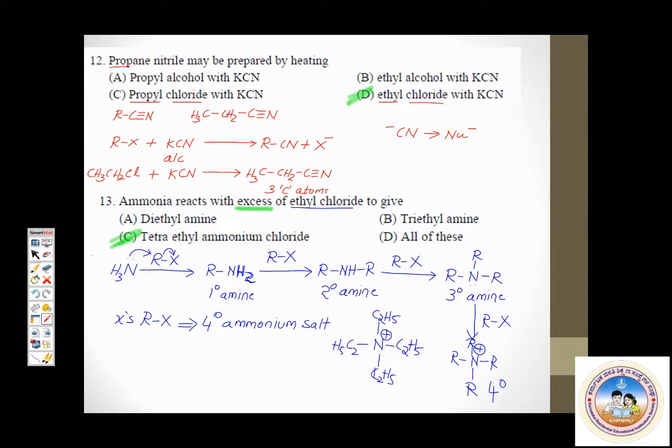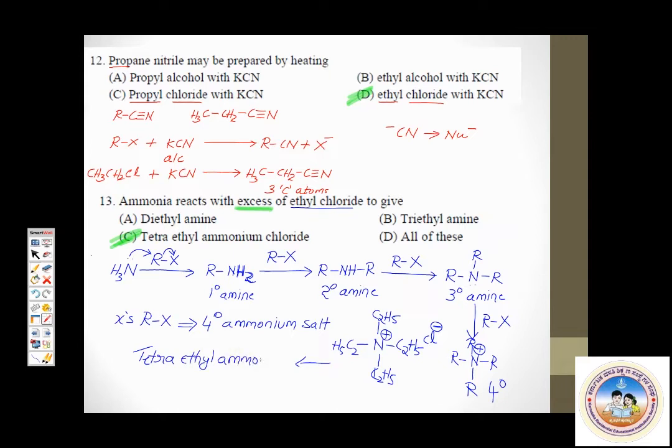And the chloride ion acts as a counter ion to this positive charge. And this exists as a salt. This is tetraethyl ammonium chloride. That is the product you are going to get.